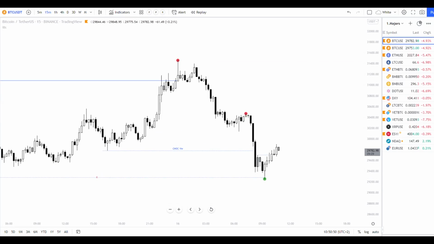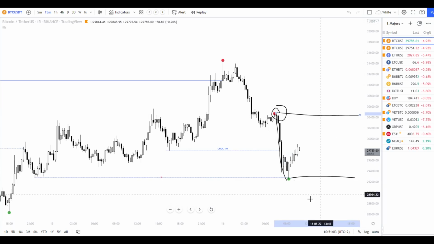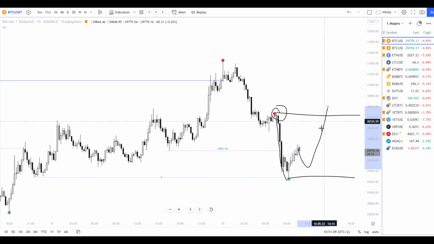This is on the 50-minute chart. This is the swing high, which caused the move to the downside, where we are printing a new swing low. This is my range. If I do see any significant pullback here, then I will look for upside.